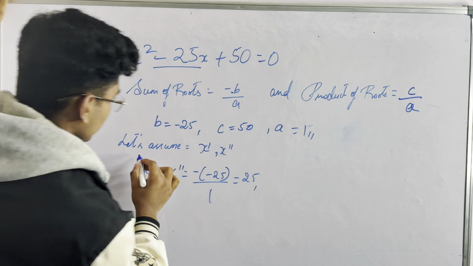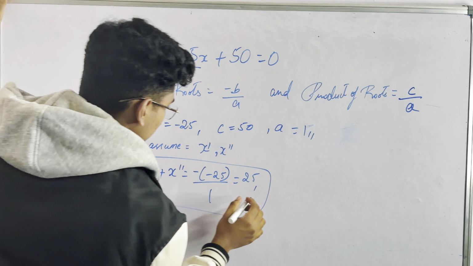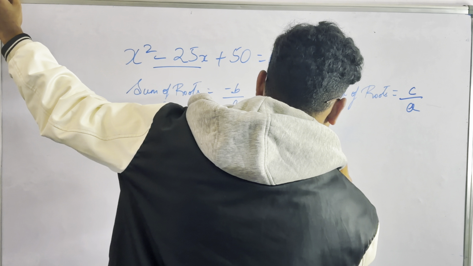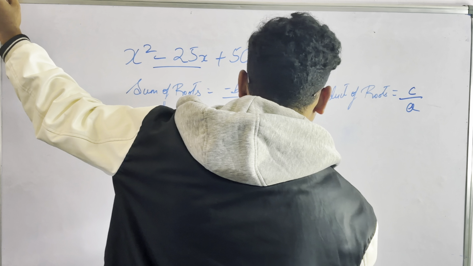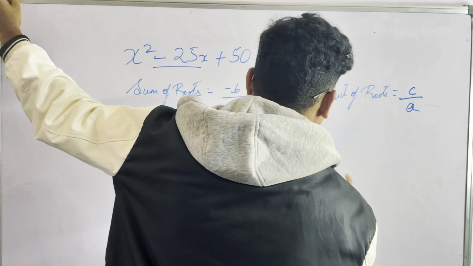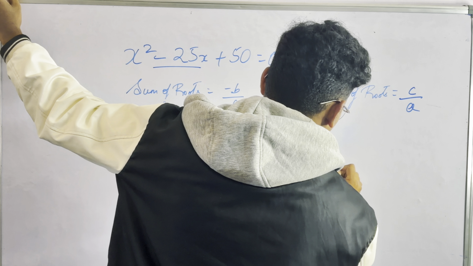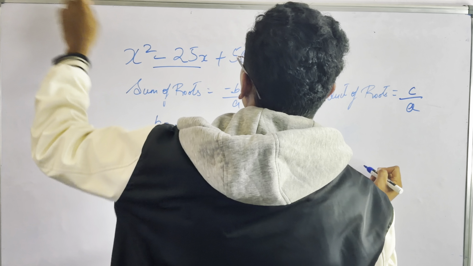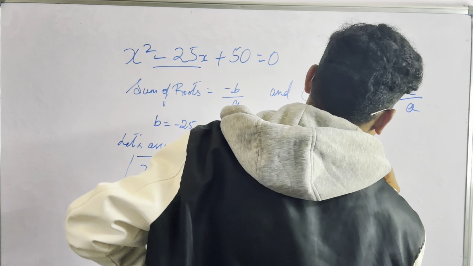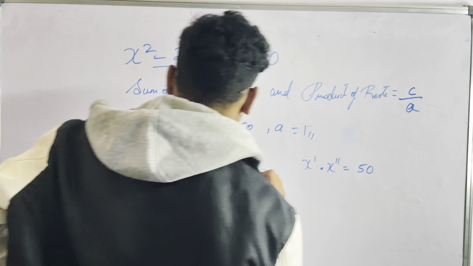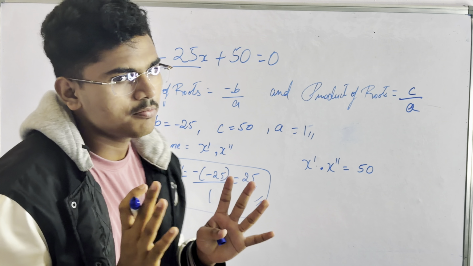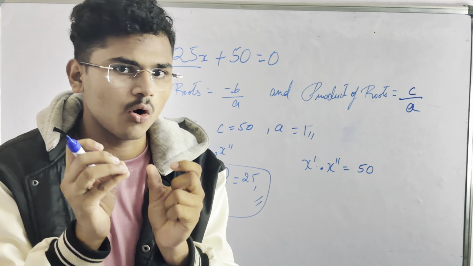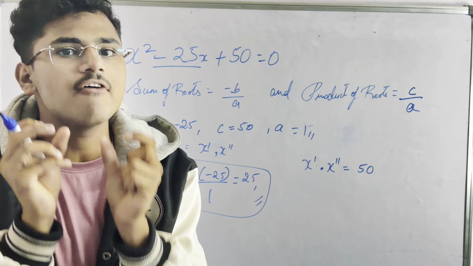Then x dash times x double dash is c by a. c is 50. Here the concept is that now we should take the average of the roots.